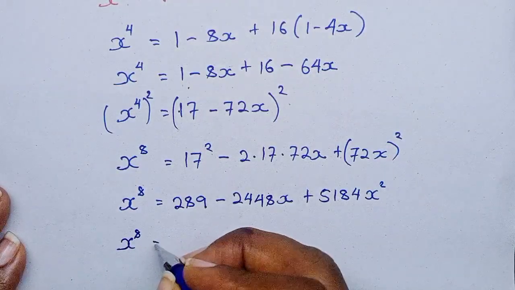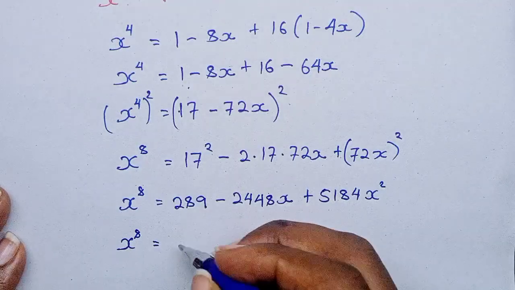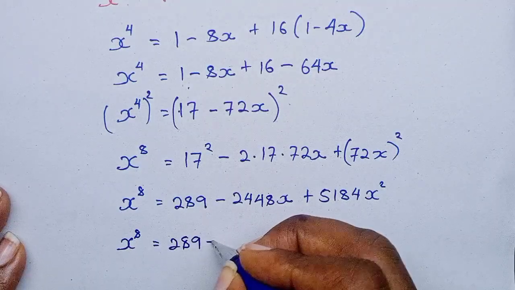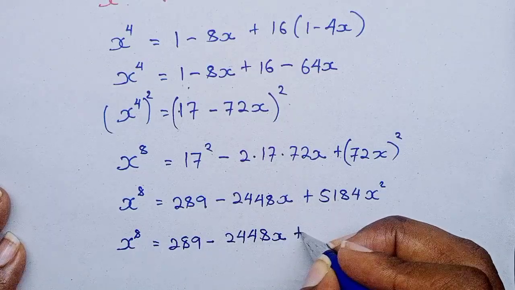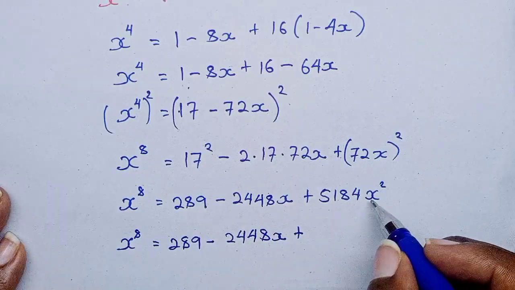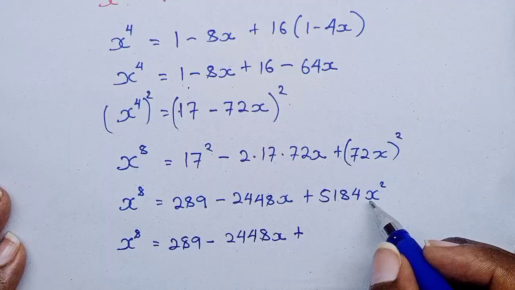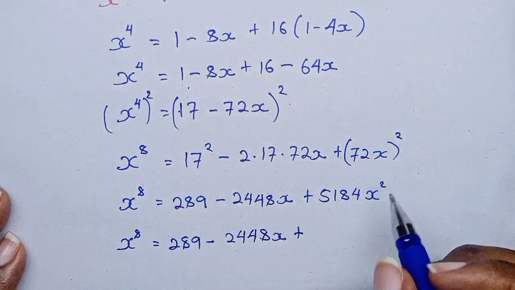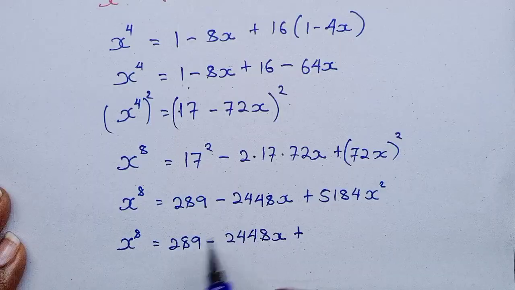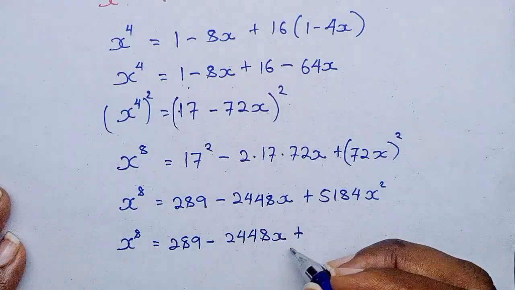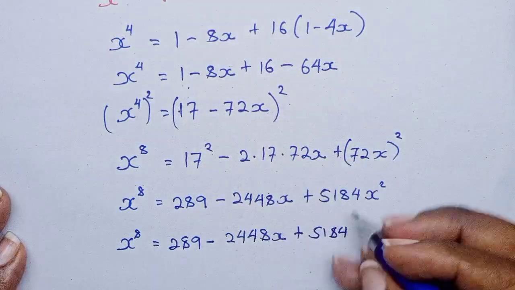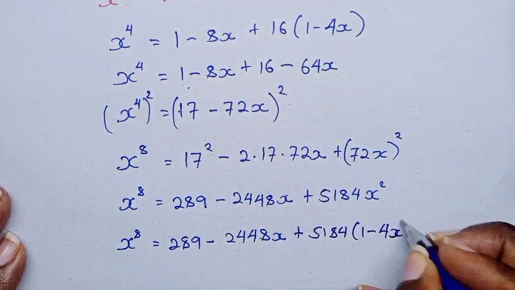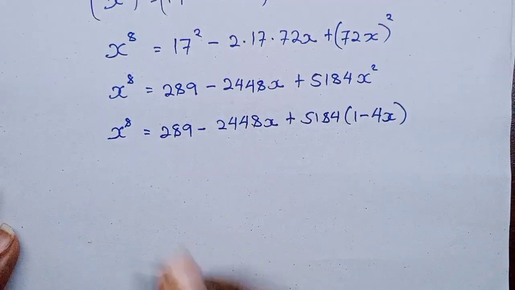X to the power 8 is equal to 289 minus 2448x plus 5184 x squared. Remember x squared from my equation 2 is 1 minus 4x, so we replace it with 1 minus 4x.